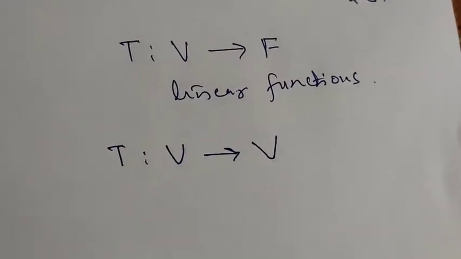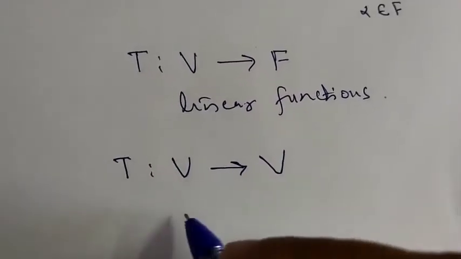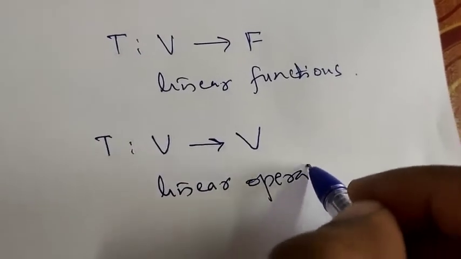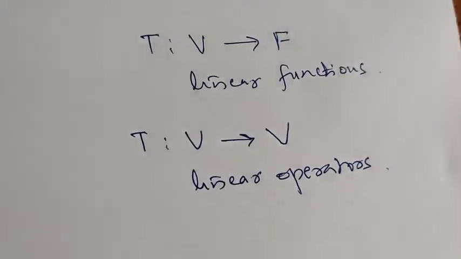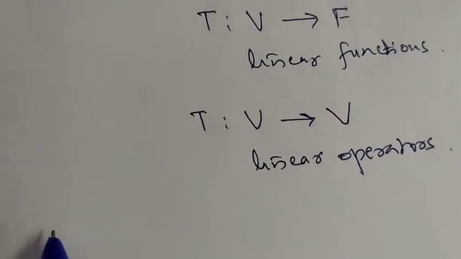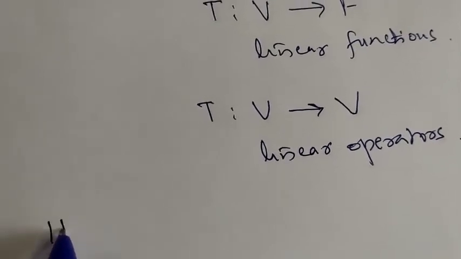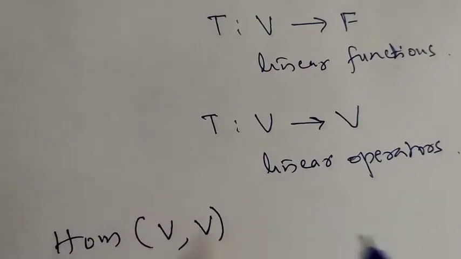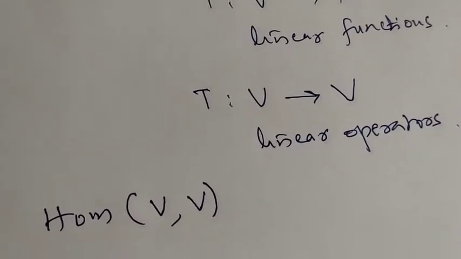Such linear transformations are called linear operators. So in this chapter we are interested in studying the linear operators, or the set of all homomorphisms from V onto itself, Hom(V,V).